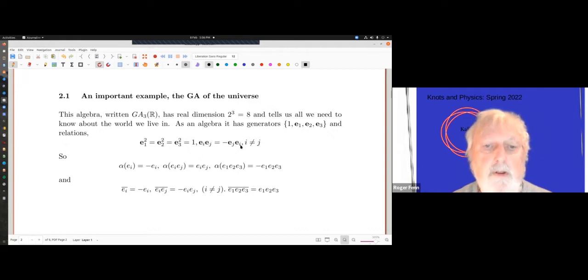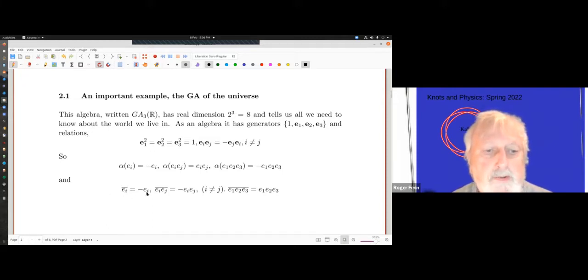This anti-symmetric product relation. And alpha of a generator E_i is minus E_i, and because it's an automorphism, alpha of a product E_i E_j is the product of the alphas. And of course, alpha of E1E2E3 is minus E1E2E3.